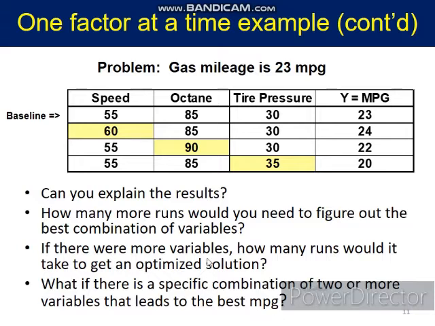So this is why, if you have more than one factor and you run one factor at a time experimentation, you might be missing the optimum condition, or you might have to run a whole bunch of experimentations, much more experimentation, in order for you to identify the optimum conditions.